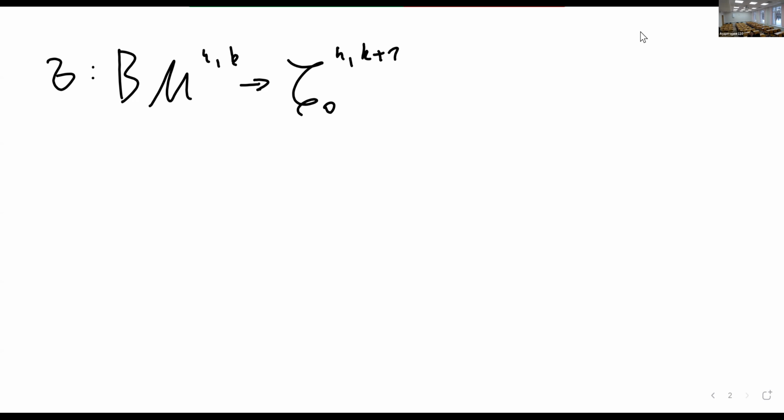Okay. Let's briefly review the construction. And well, let's first of all remember what the classifying space of a monoid is.